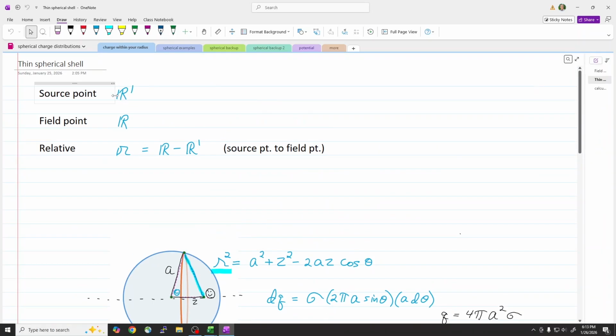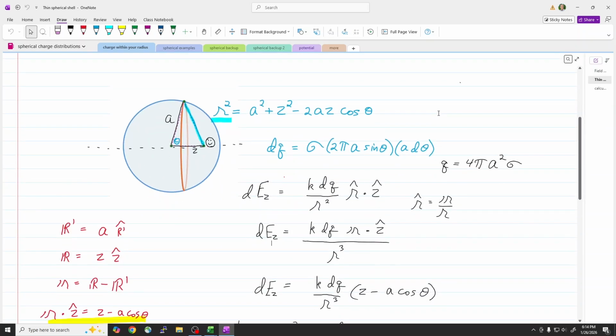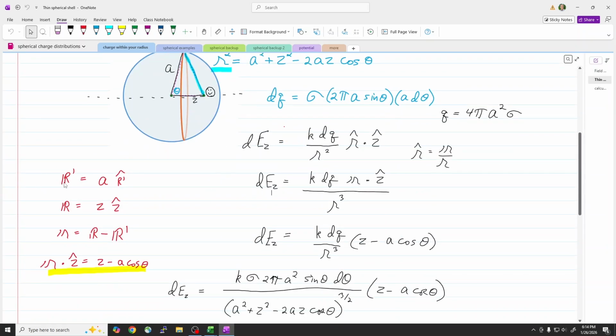Again, r prime is the source point position vector, r is the field point position vector, little r the relative position vector from source point to field point, then r prime is basically the radius a in that direction, r prime hat.